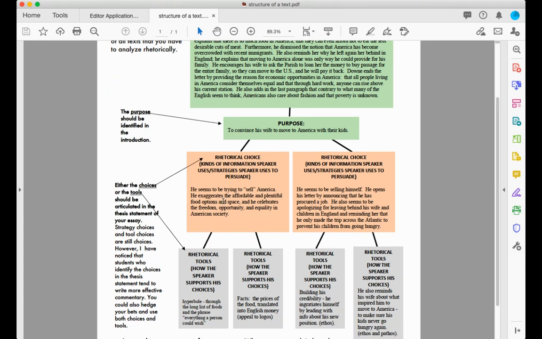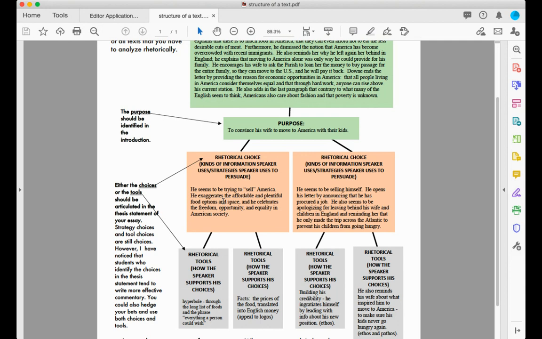And this is where I think people are still sort of having difficulty understanding. And I just like to point you back to first semester. We were talking about looking at the kinds of information the writer includes in the text. Those would be the choices, and then sort of categorizing them.